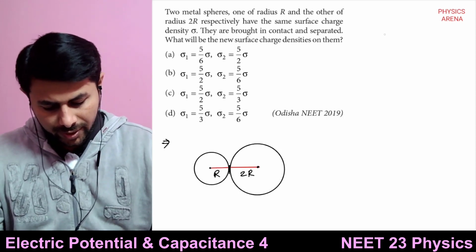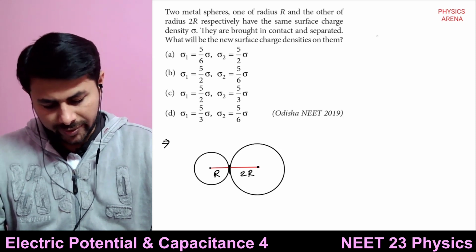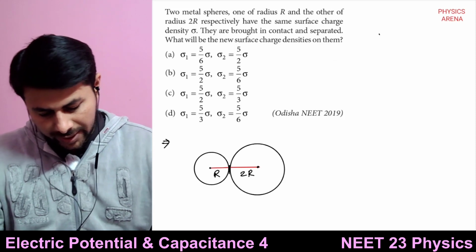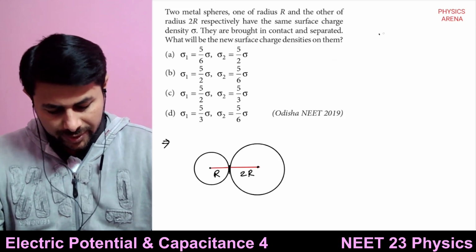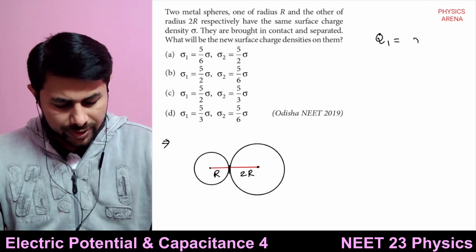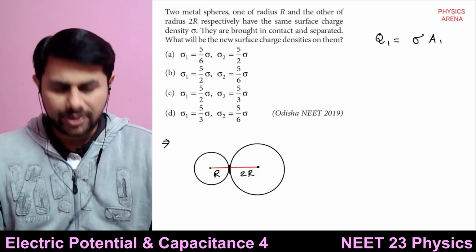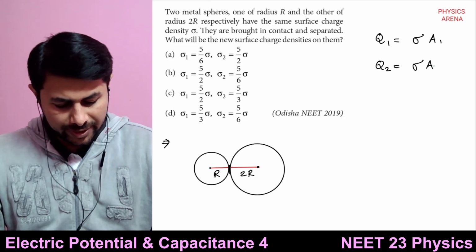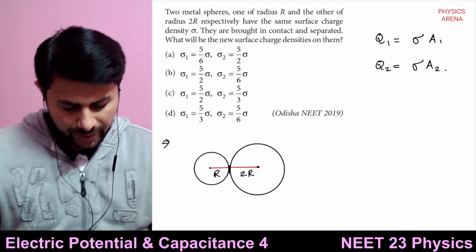So now, how much is charge on the first sphere? We can find out. Q1 is equal to sigma multiplied by surface area of first sphere, and Q2 is equal to sigma multiplied by surface area of second sphere, right?